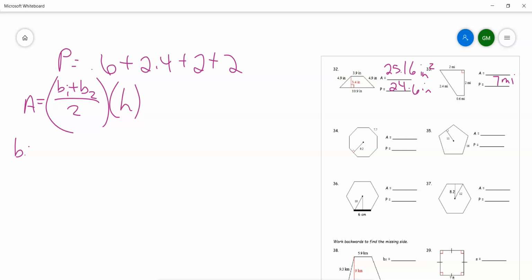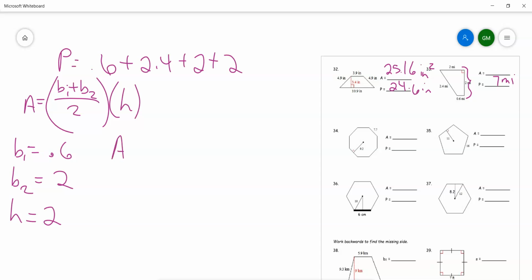In this case, base 1 is 0.6, base 2 is 2, and the height is 2. The height we're going to use is the side length between the two parallel sides that is perpendicular to the parallel sides.